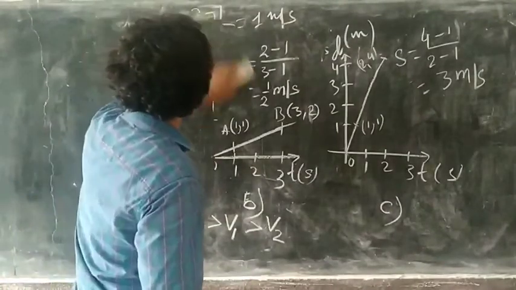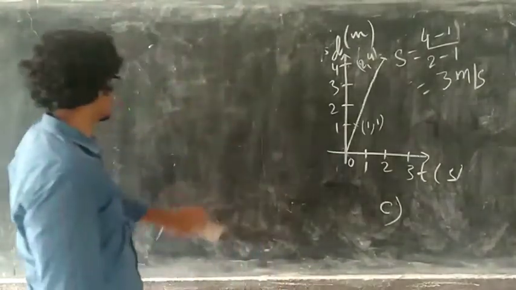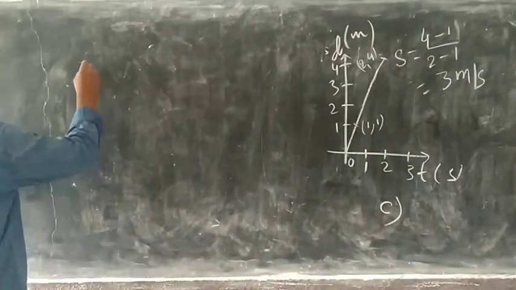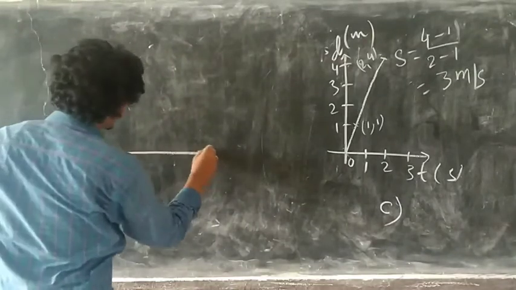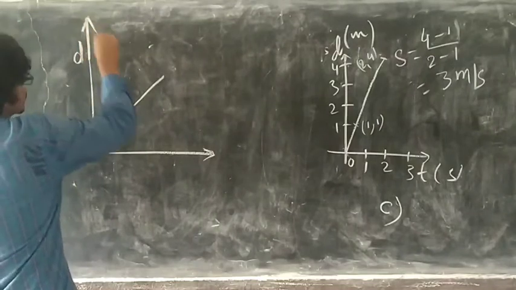Let us generalize it. From the distance-time graph, how will you find the speed?